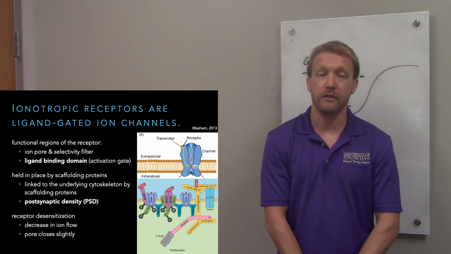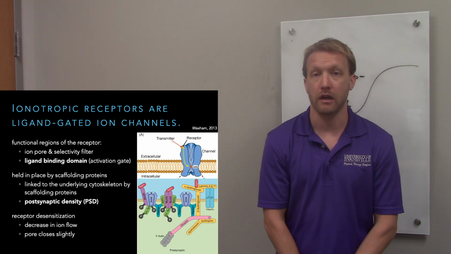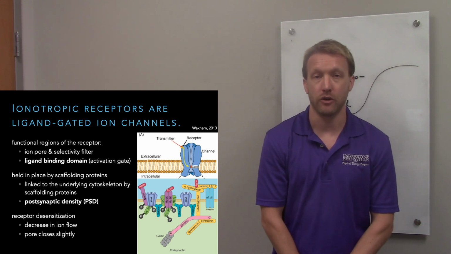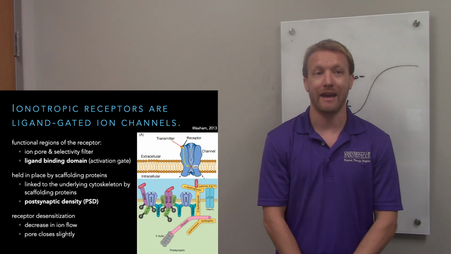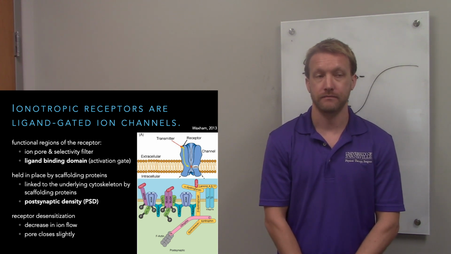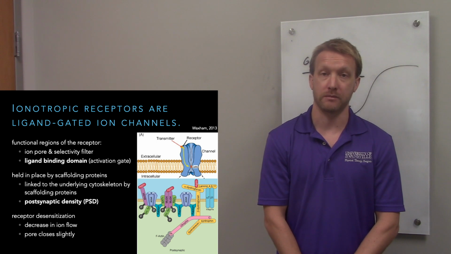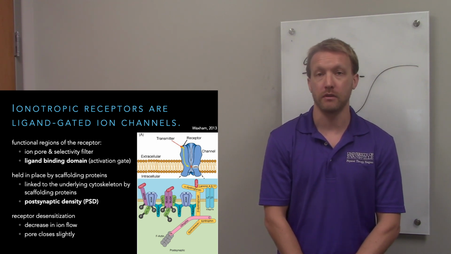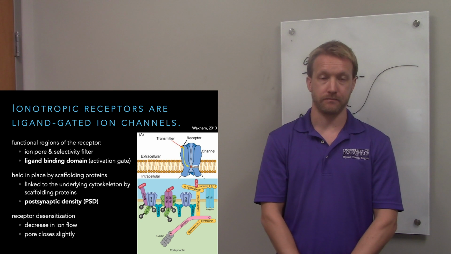And they have a selectivity filter, meaning they let only certain ions move. Importantly, what we have here is a ligand-binding domain to serve as the activation gate. So when neurotransmitter binds, the activation gate moves a little and pulls the pore open. Kind of like what we saw with voltage-gated ion channels when we covered action potentials.